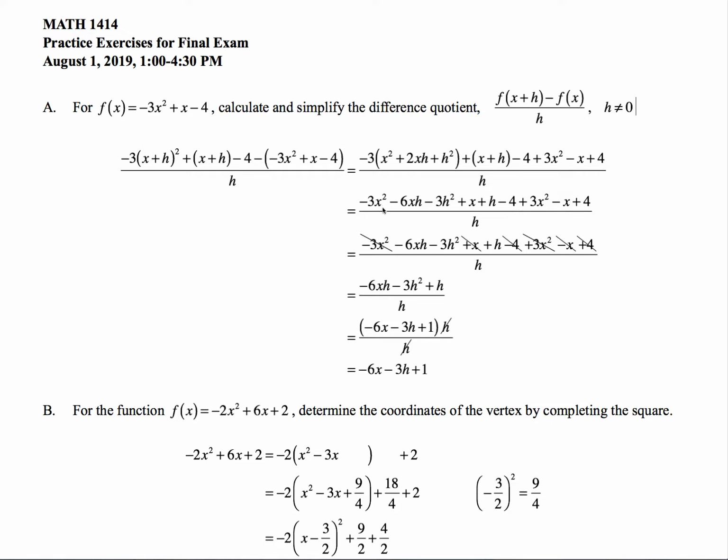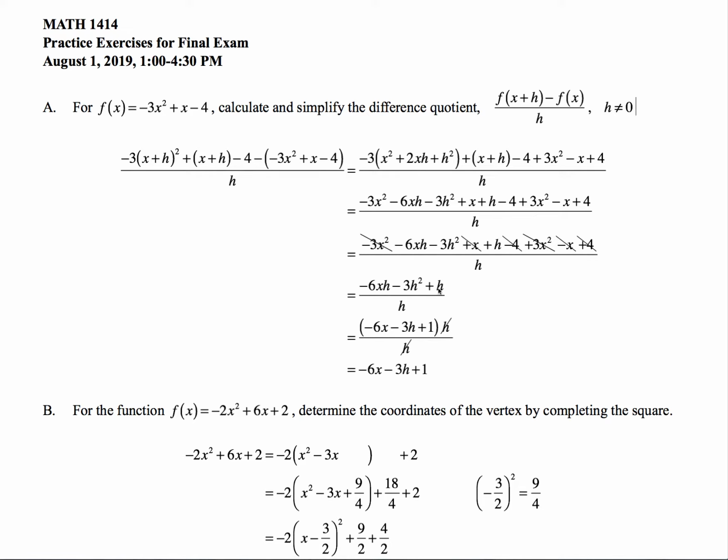Then the negative 3x squared and the positive 3x squared cancel additively, and the positive x and the negative x cancel additively, and the negative 4 and the positive 4 cancel additively. That leaves you with negative 6xh minus 3h squared plus h.